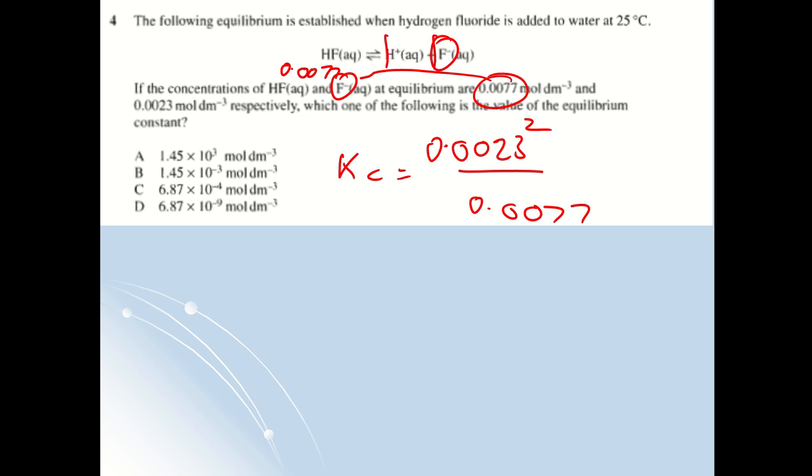So my top line will read 0.0023, okay, divided by 0.0077. Okay, and that gives me 0.000687, so 6.87 times 10 to the minus 4 in other words.